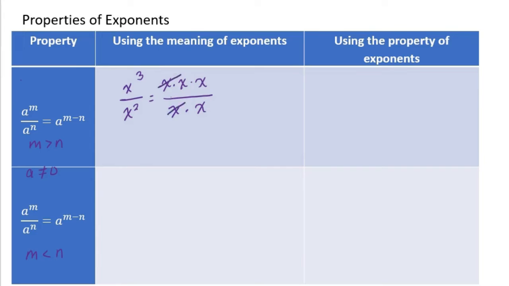So we can cancel one pair of x's from the top and the bottom. In fact, we can cancel a second pair of x's from the top and the bottom. And all we have left now is a single x in the numerator. In other words, the final answer is x. You can think of it this way. In the numerator, we have x left, but what do we have left in the denominator?